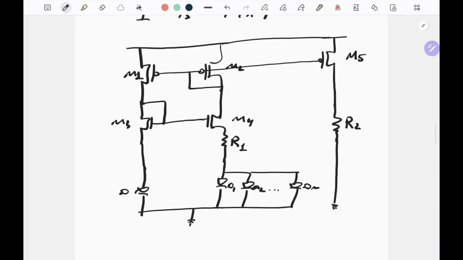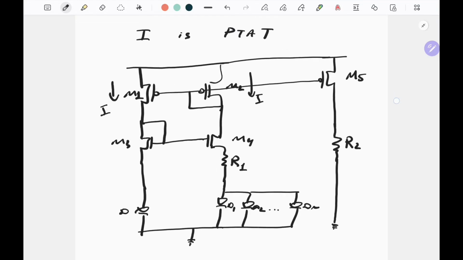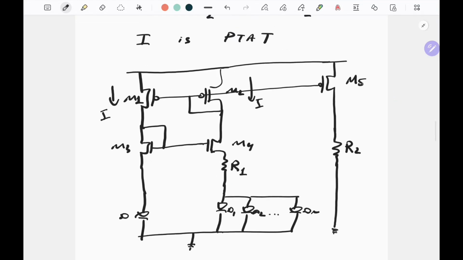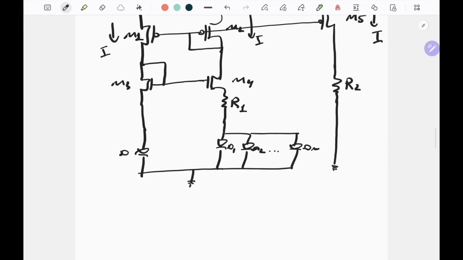So in this circuit, we already knew that these currents are equal to each other. It is denoted I, and that's the current that flows in this resistor R1. And since this is a current mirror, then the current in the device M5 is also I, and it flows into this R2.